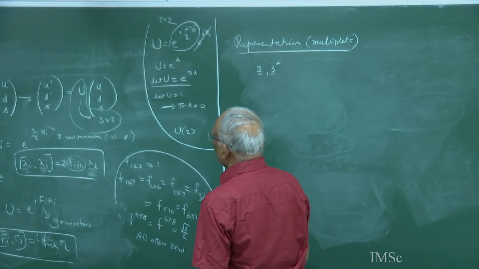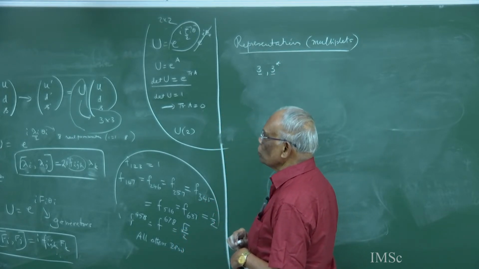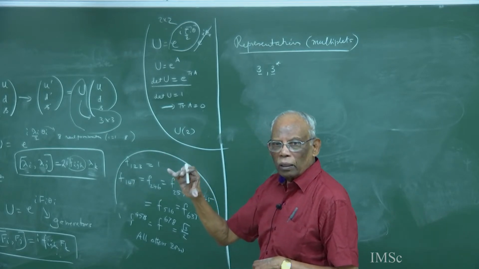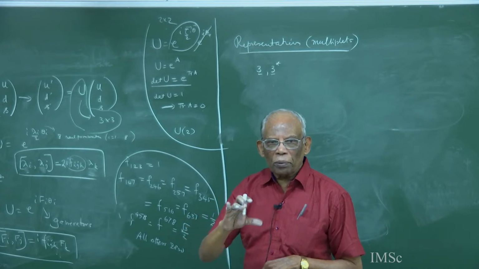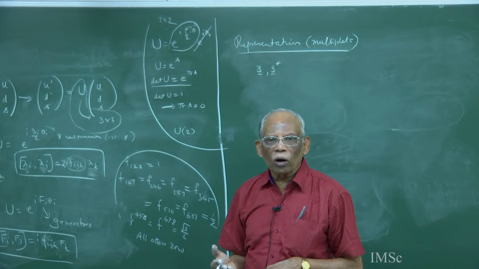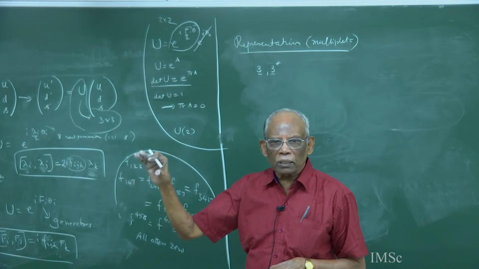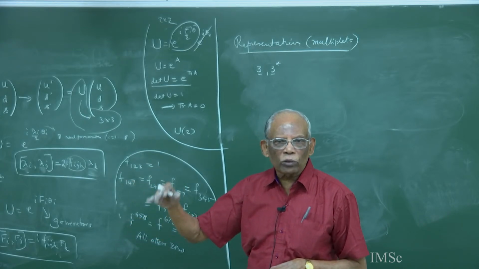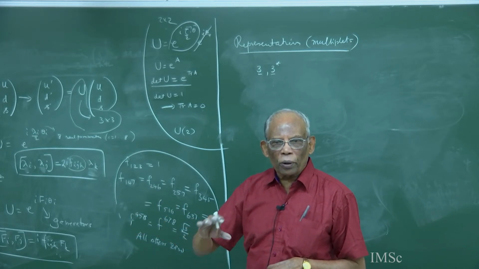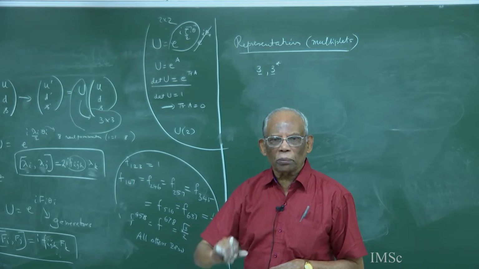This is another important difference between SU2 and SU3. When I took the complex conjugate of the U and D doublet, after some simple manipulation, it also behaves like a doublet. There is a doublet representation 2, but there is no separate 2 star. 2 star is identical to 2, provided you write down the correct multiplet structure.